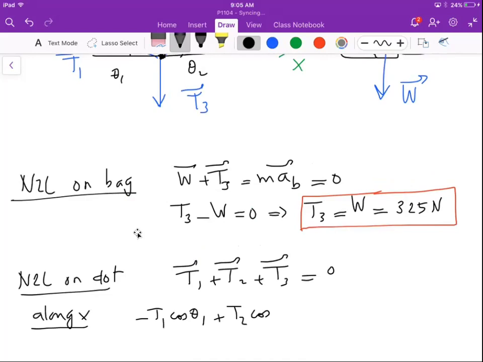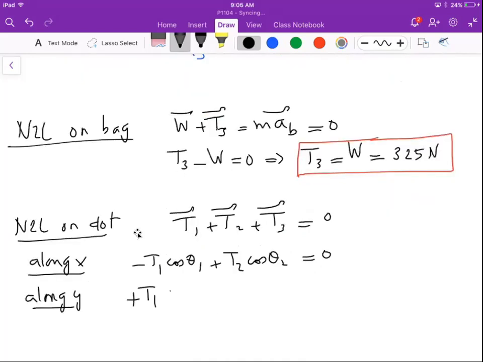And along the y-axis, what do we have? T1 and T2 both point in the positive y direction, so I get plus T1 sine theta 1 plus T2 sine theta 2, and we still have T3, so minus T3 because T3 is pointing downward, equals 0. So basically that is equal to the weight.